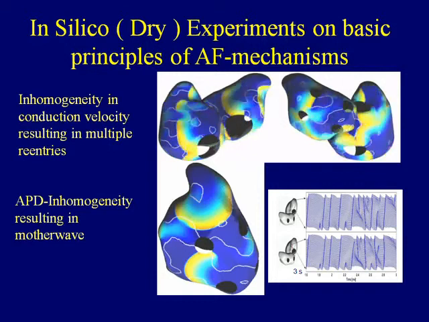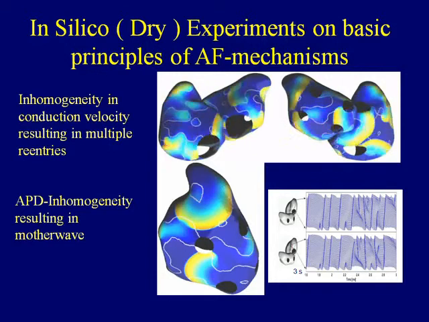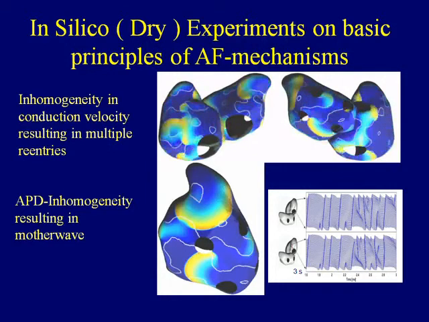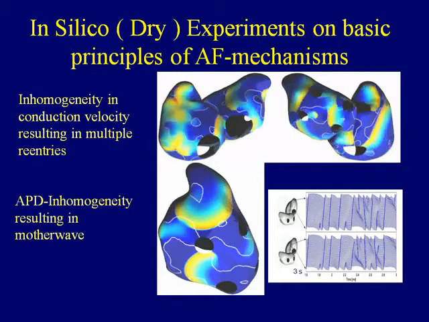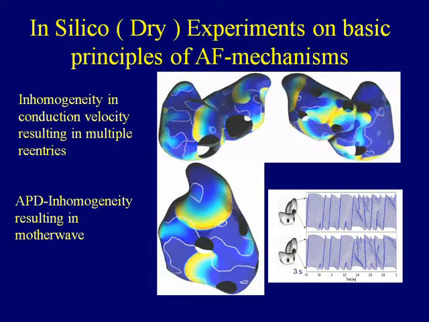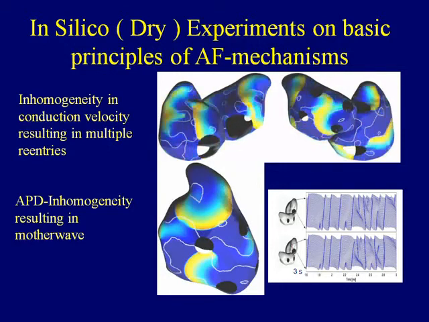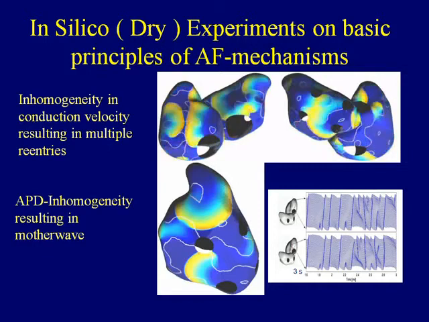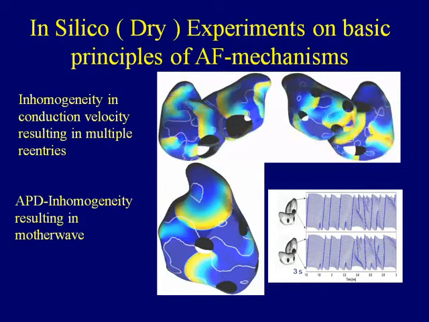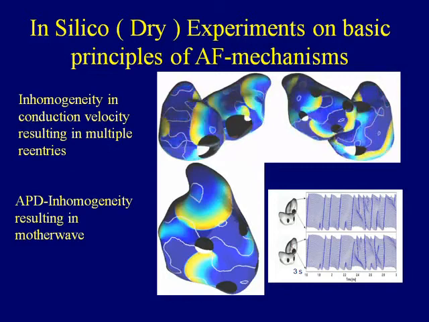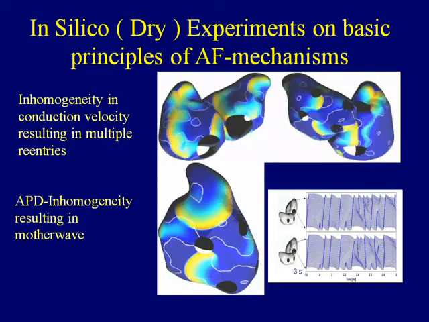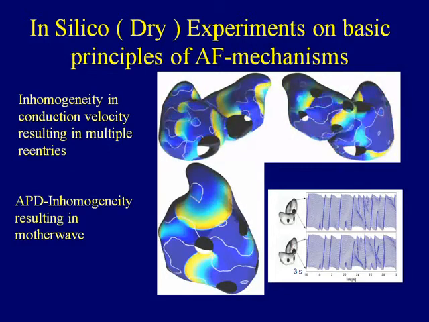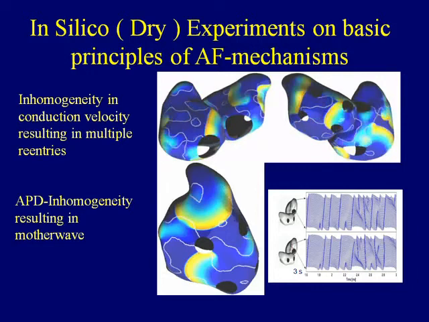Now here is another atrium, like you would find it with fibrosis. You see zones with different conduction velocities, and now the process of atrial fibrillation goes on. We see this type of atrial fibrillation, therefore, most often with fibrosis.